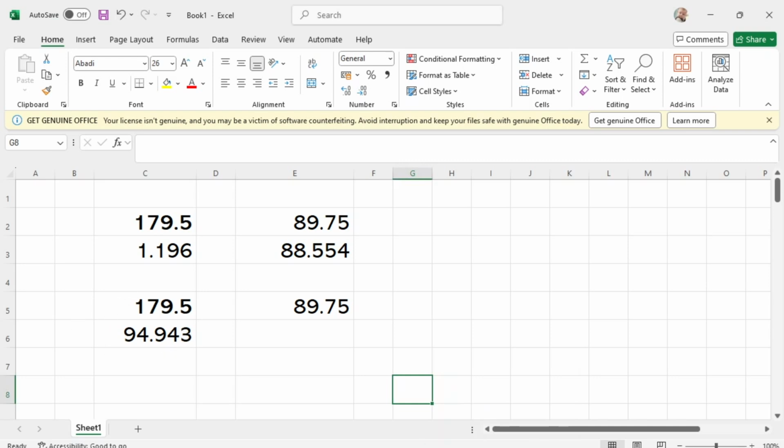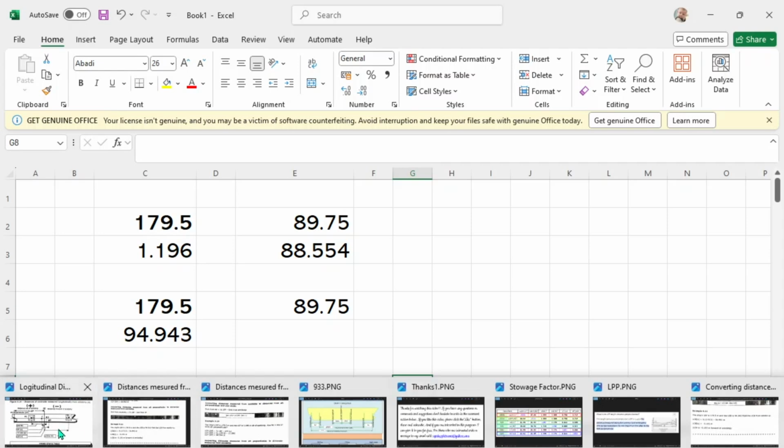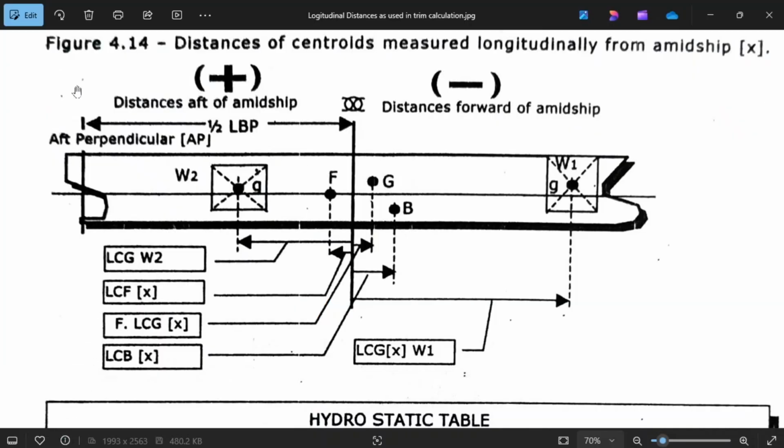Again, I repeat, the distance from our perpendicular going forward to your weight is 94.1943. What will be your distance from your weight going forward of your amidship, or point of reference? Okay, that is what it means there.